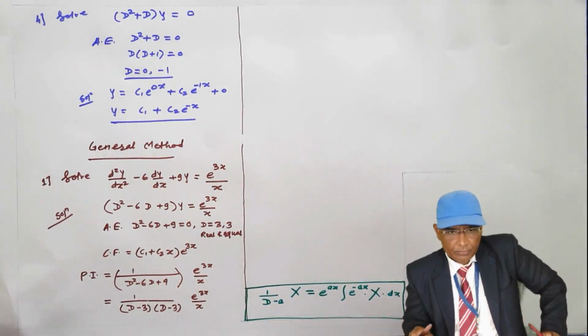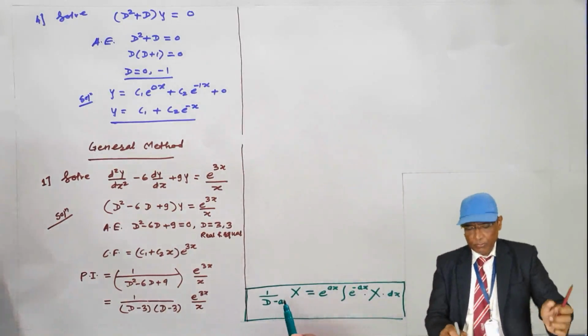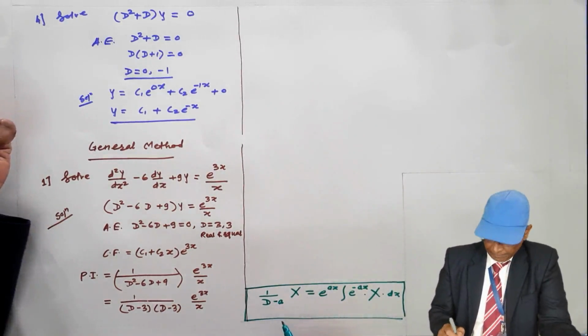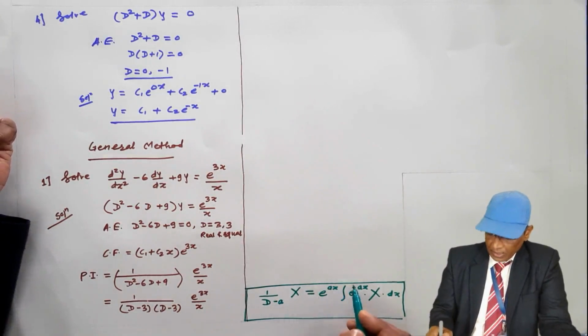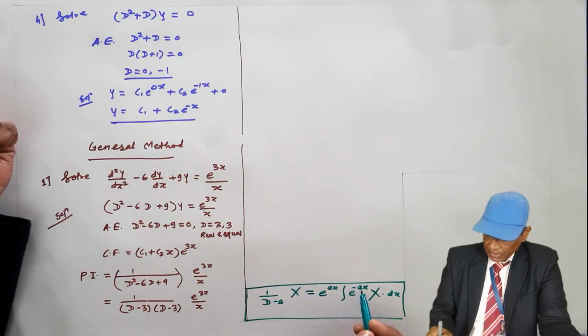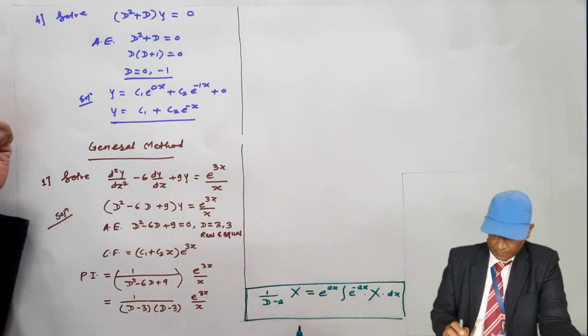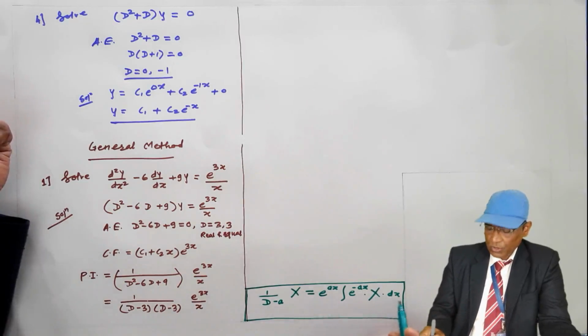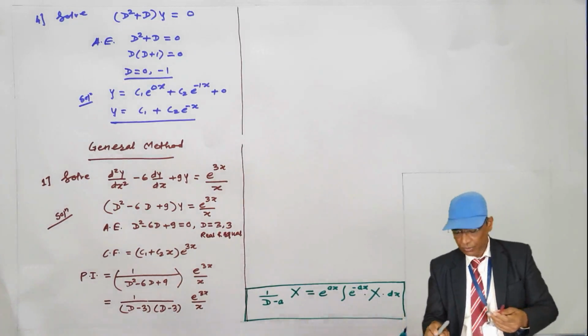In this way. Once again, 1 by D minus a on X is e to the power ax outside of the integral, and inside the integral e to the power minus ax X dx. Dx is there because we are integrating with respect to x.